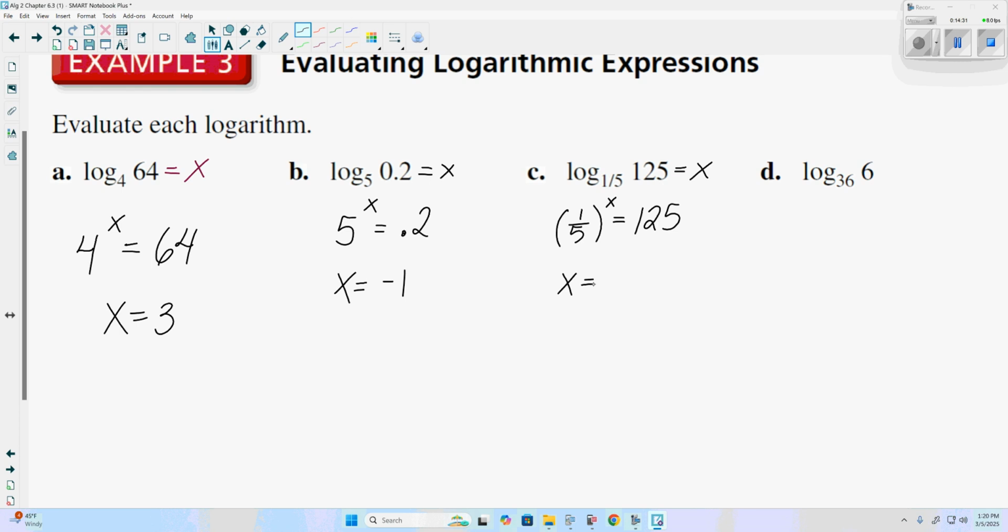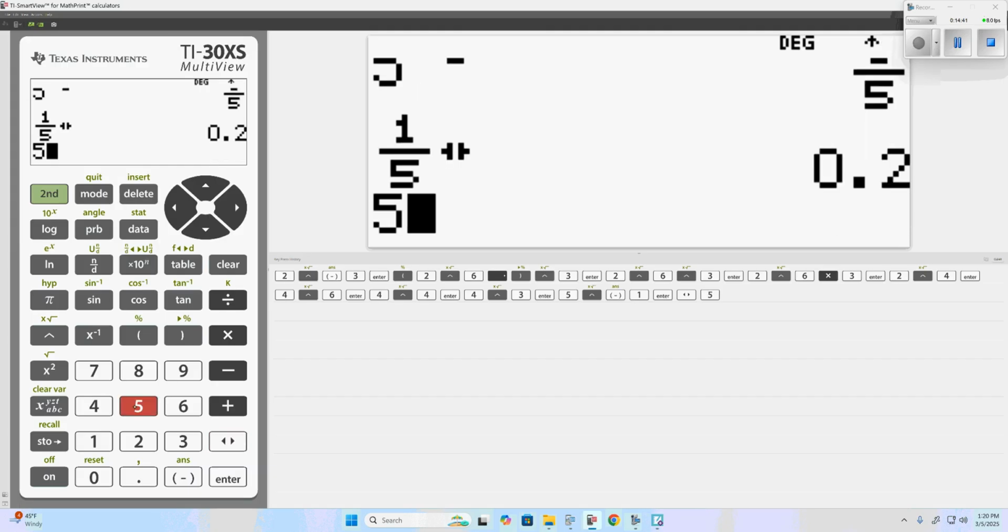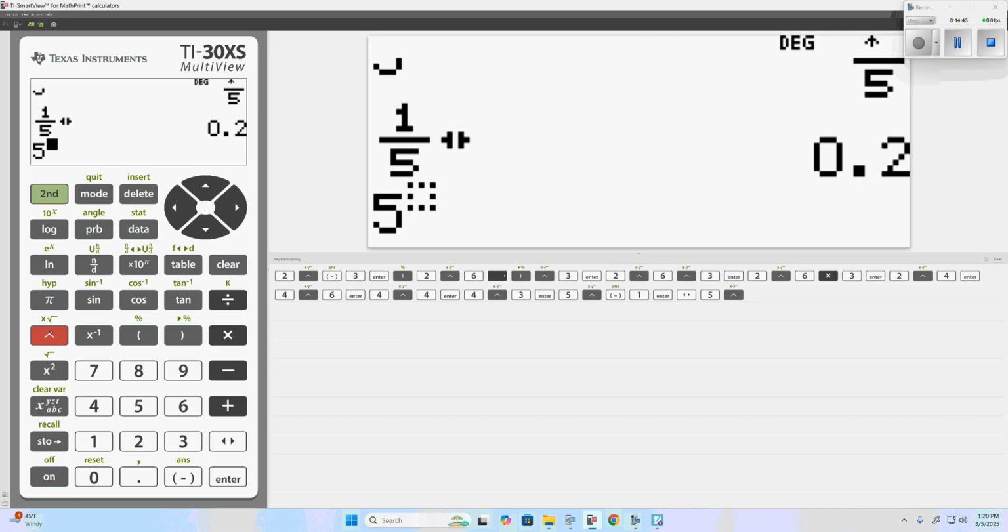Well, let's say 5 to what power is 125? We'll take a guess. Because we got a calculator here. 5 to what power? 3 is 125. But we're not asking about 5.